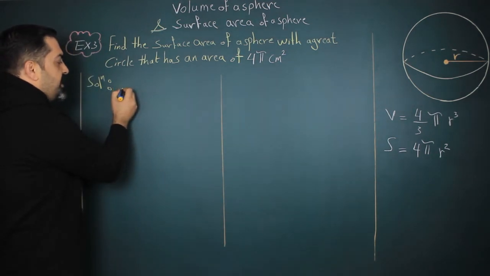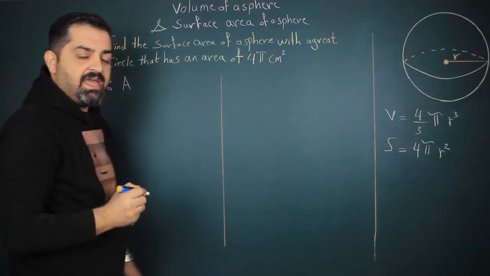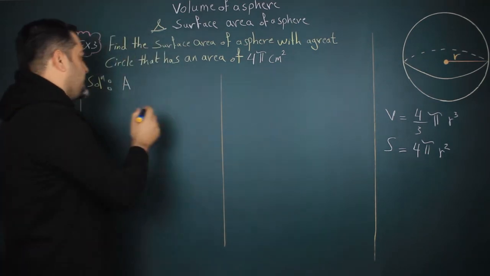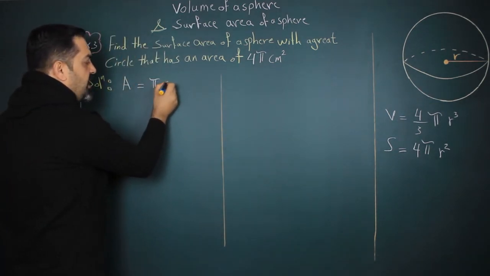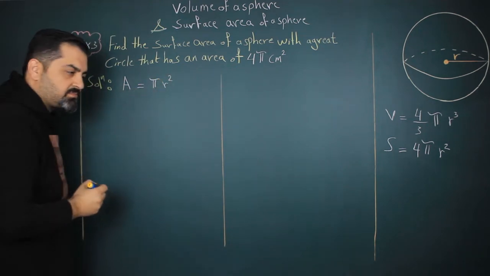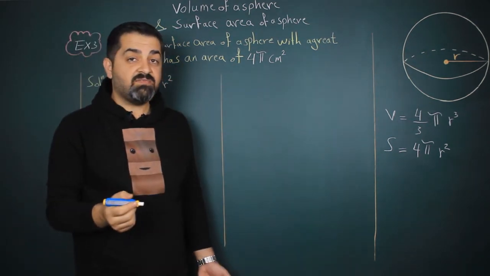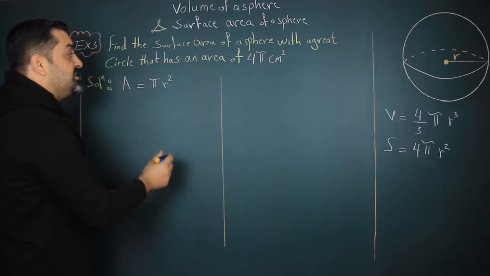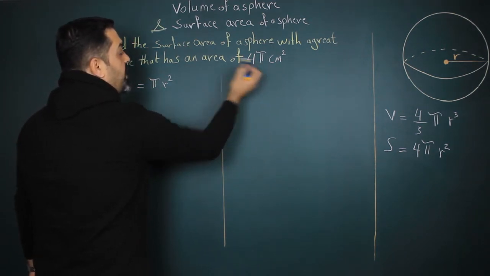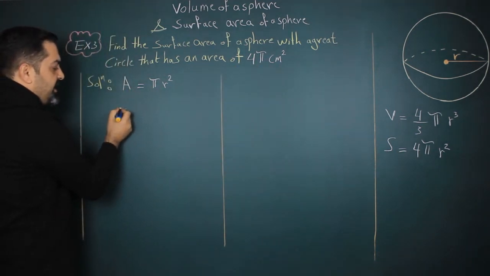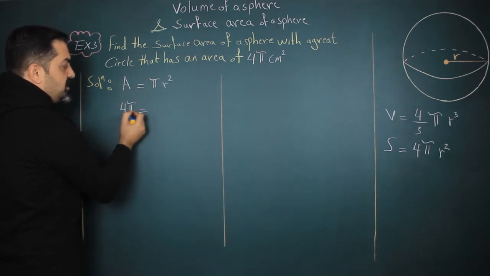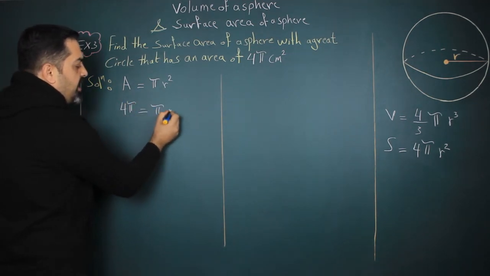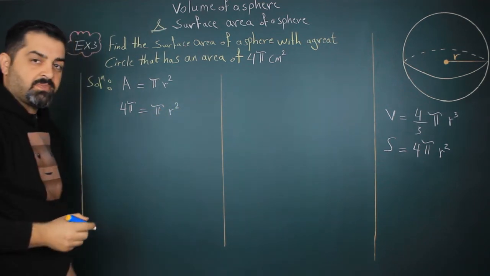A is equal to pi times r squared. We have the value of A, which is 4 pi, equal to pi r squared.